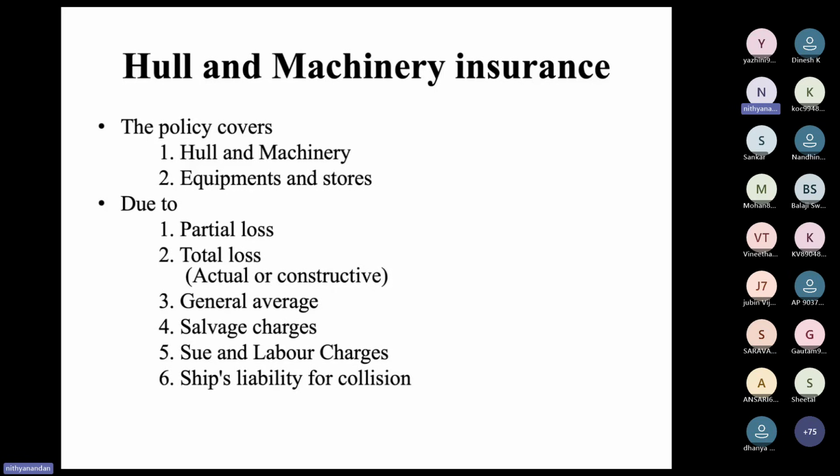Equipment is used to run the ship. Cover is for partial loss, total loss, general average, salvage charges, sue and labour charges, everything just like marine cargo, except this last one, ship's liability for collision. When the ship collides with some other ship, it has a liability towards the other ship.